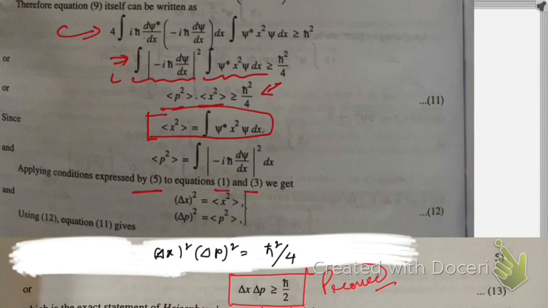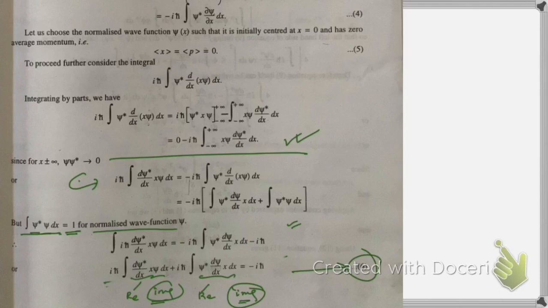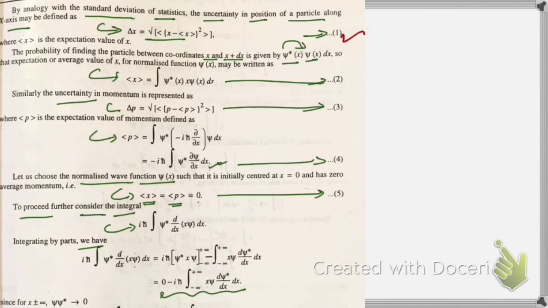So what was the condition in 5? Let's go to equation number 5. This is the condition: expectation values of x and p both equal 0. If you apply this in 1 and 3, what are you going to get?